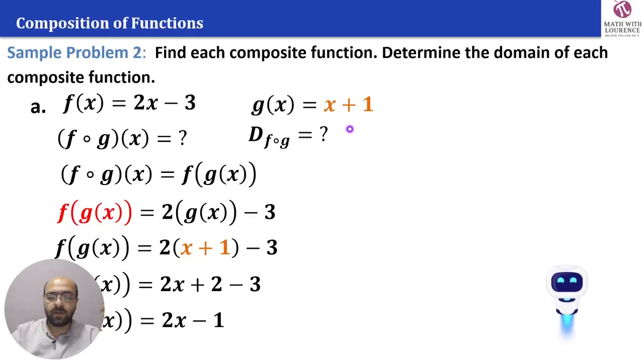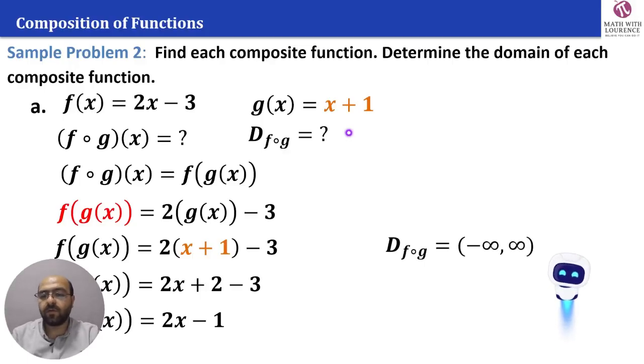R, excellent, because these are all real numbers. So the domain of these two functions is from negative infinity until positive infinity, meaning all of R. Excellent.